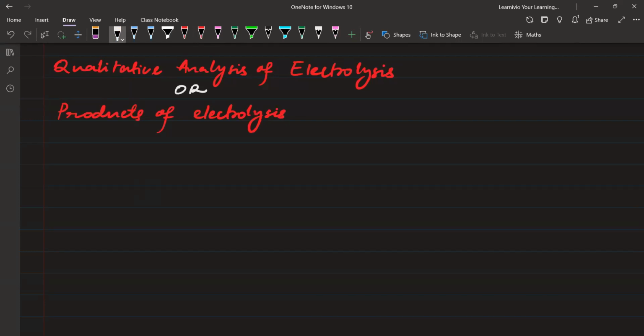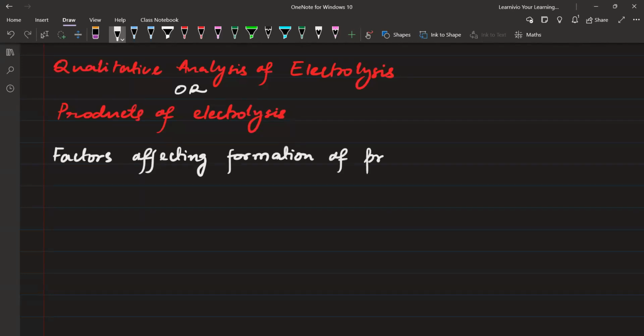Right, the first point, how can we decide what are the factors that affect the product formation during electrolysis? Okay. So please write factors affecting formation of product during electrolysis.